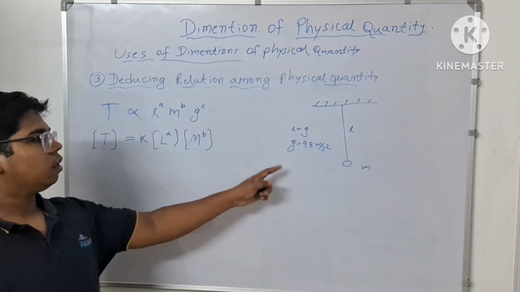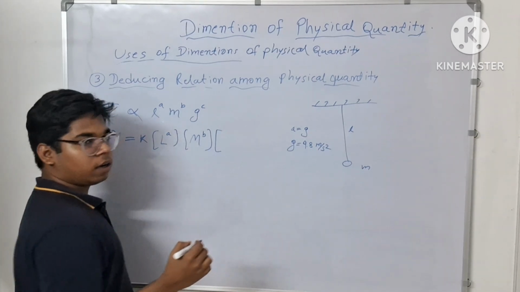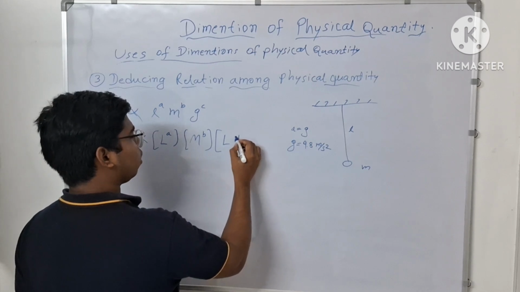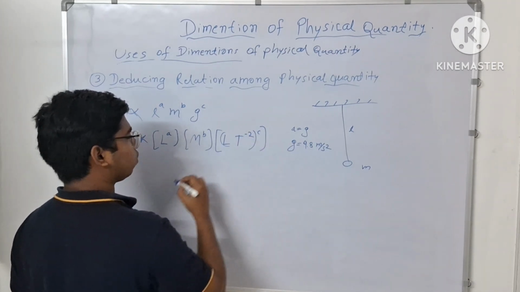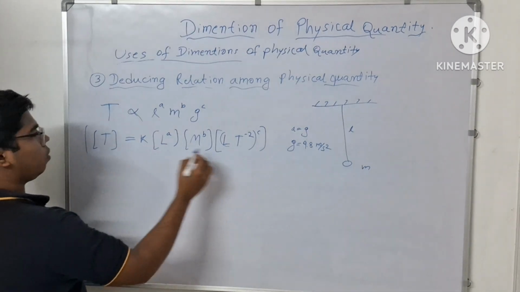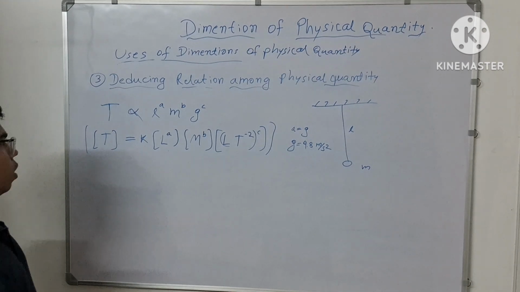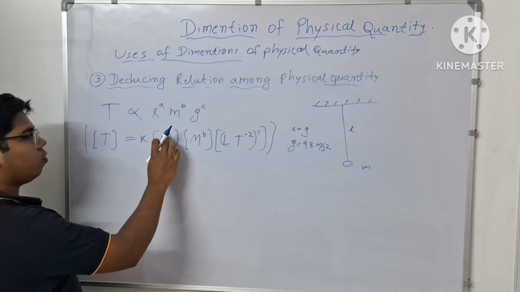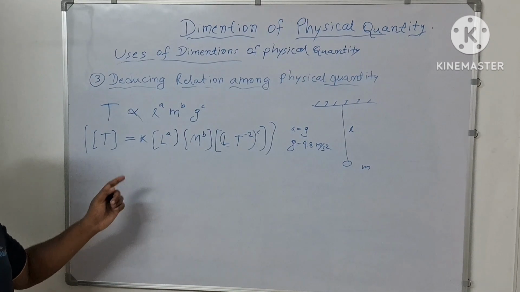And g is acceleration, and we know that acceleration has dimension of L T minus 2, power c. So this is the dimensional equation, and we can find the values of a, b and c by equating both sides of this equation.